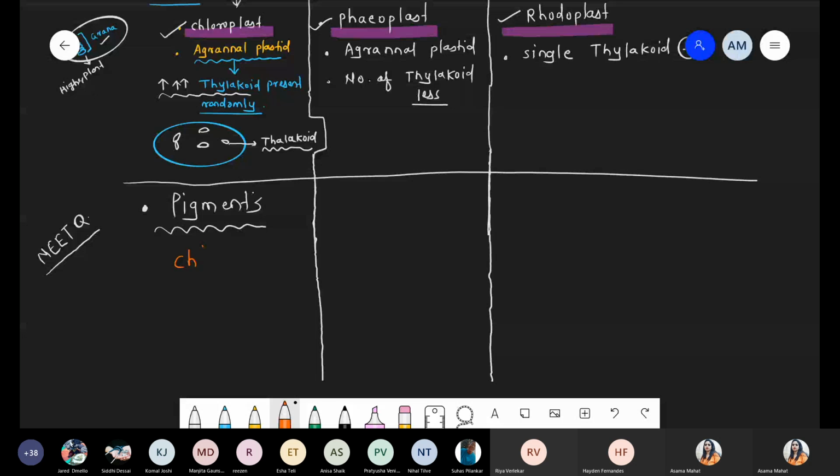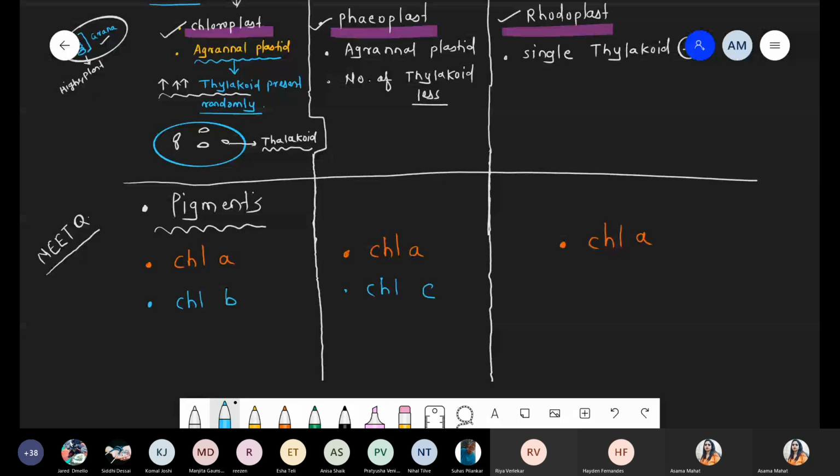Whenever we are talking about the green color, it is associated with chlorophyll, right? In all three types of algae, chlorophyll a is common. The variation comes with respect to the second pigment: chlorophyll b is present in green algae, chlorophyll c in brown algae, and finally chlorophyll d is present in red algae.